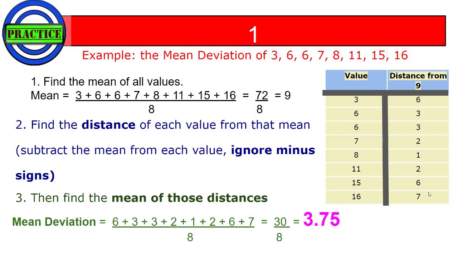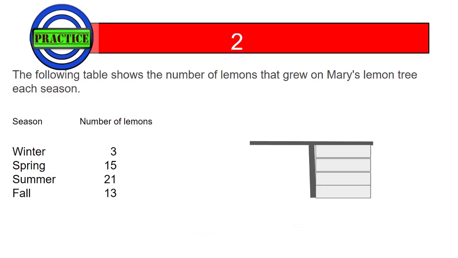Divide it by 8, and my answer would be 3.75, or 3 75/100. So what that's saying is the average deviation, or the average numbers that are away from our regular average, is 3.75. And that's how you find the mean absolute deviation. Let's do one more.